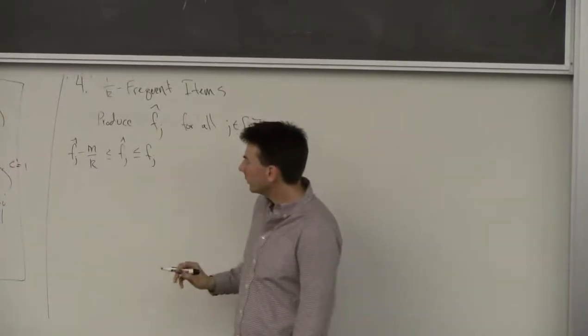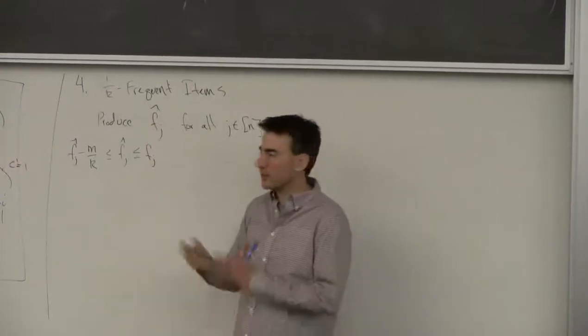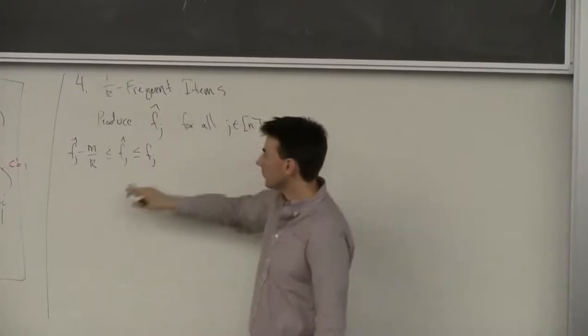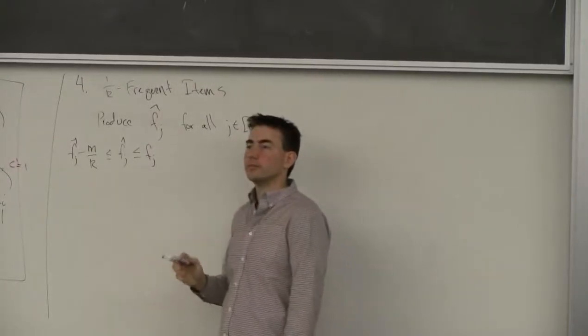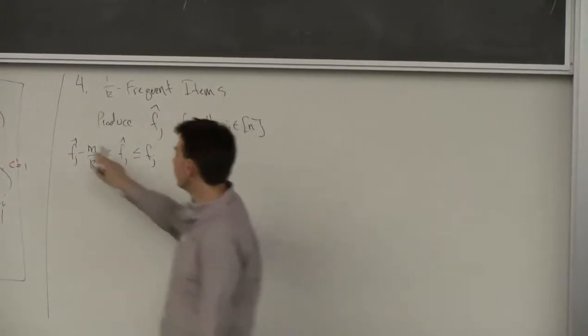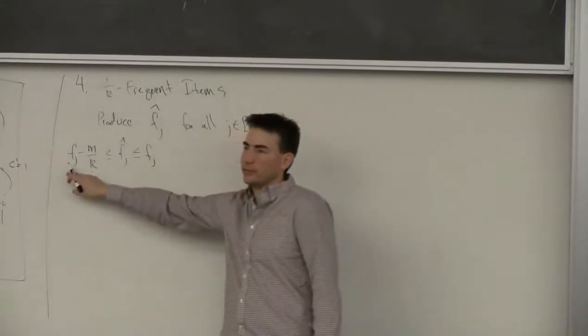Okay, so think of k as like an approximation value. So f j minus m over k, yeah, thank you. This was f j. So this is the true count.